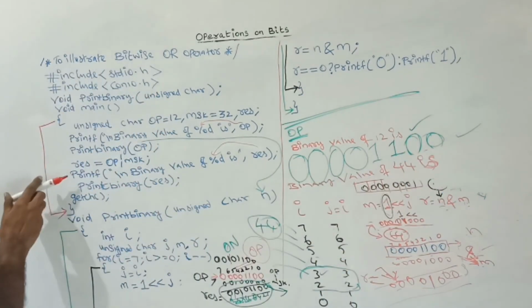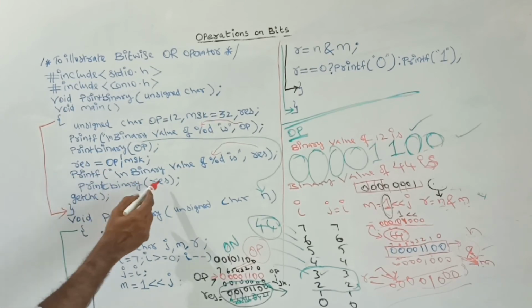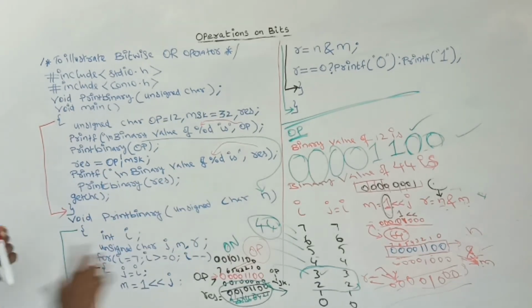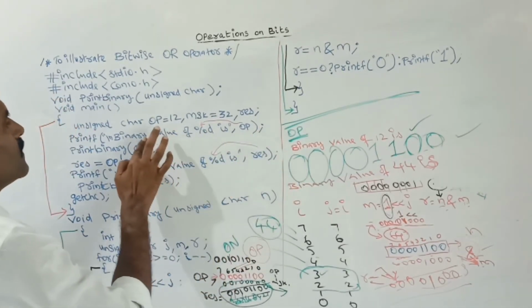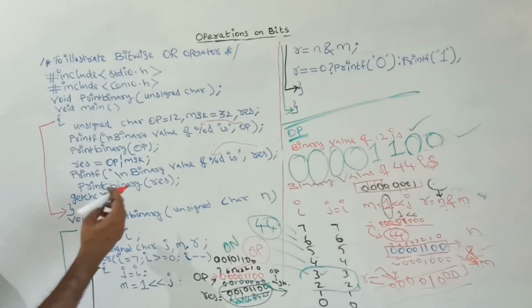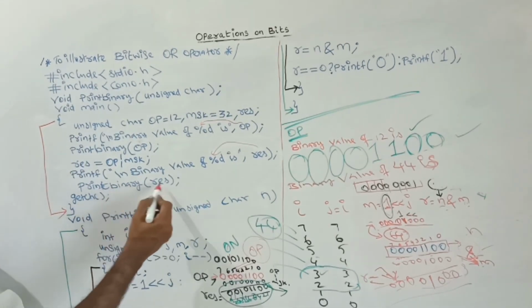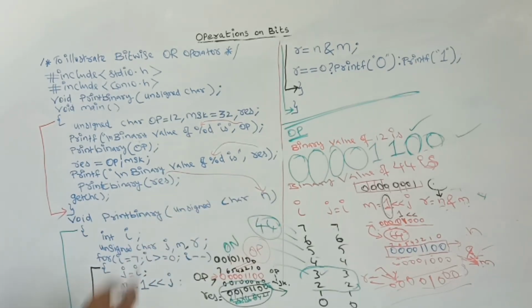After that, in this step again I am passing the RES value to n. Once it comes back, next I am again passing this RES value to n. Now what is the value of n here? 44.